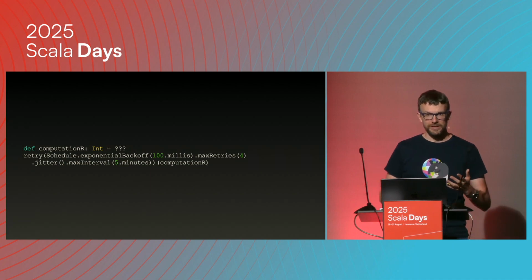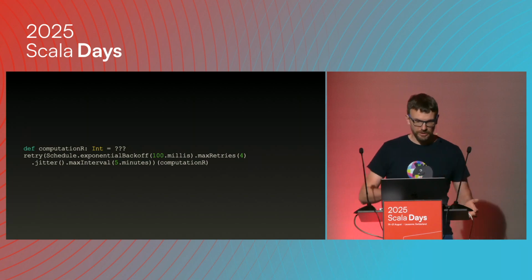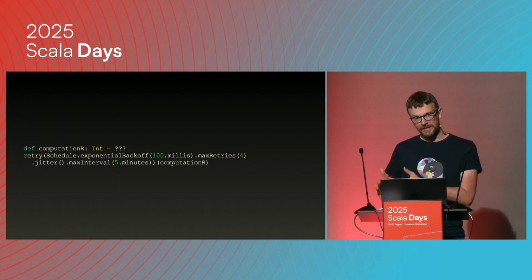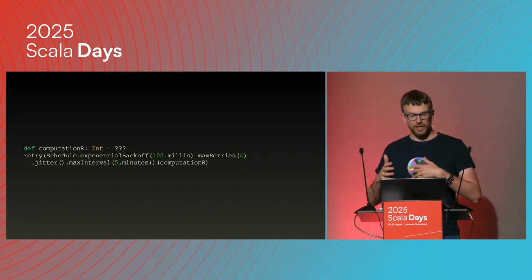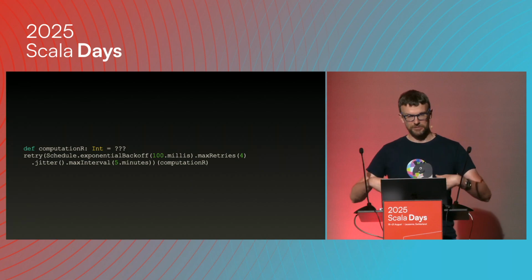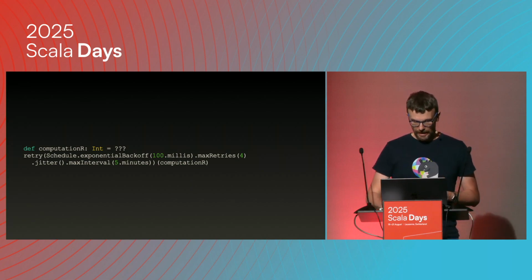You can also filter exceptions or filter results which should be retried and which shouldn't be retried. Additionally, there's an implementation of something called adaptive retries, which is used in the AWS client libraries, which prevents herds of threads retrying over and over again. So there's a token bucket inside.